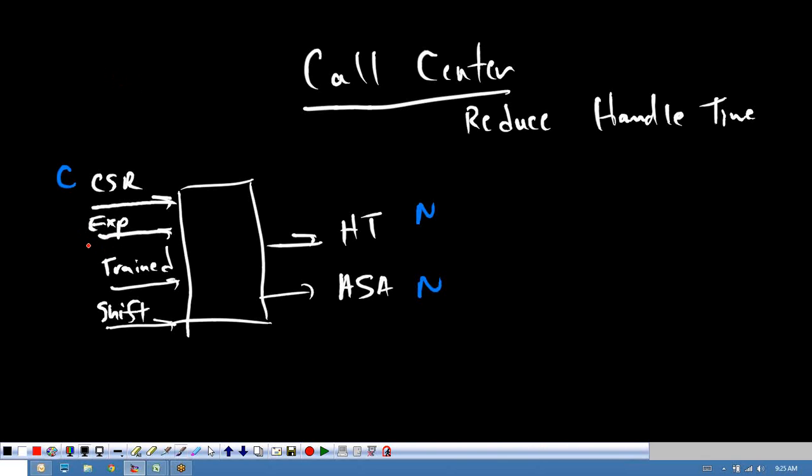Experience, that probably is a number. It could be measured as a category, high, medium, low, but again, remember, we're going to prefer numbers if we can. So that might be how long they've been with the company in days or months or years. Whether they're trained or not, that's a cat, and what shift they're in, that's a cat as well.